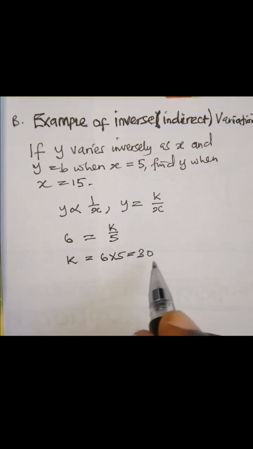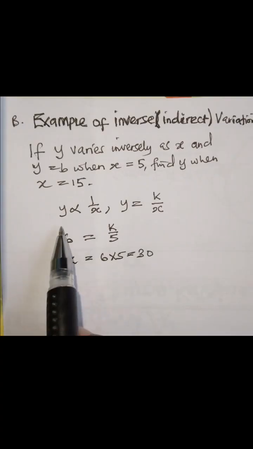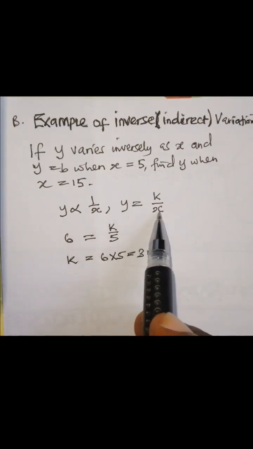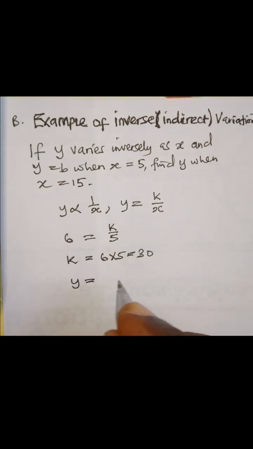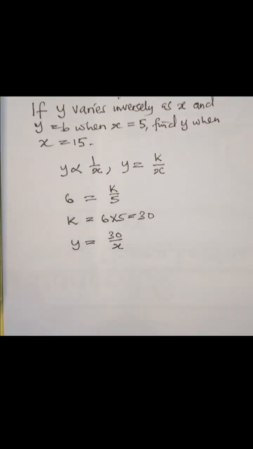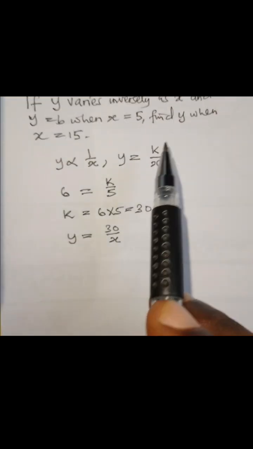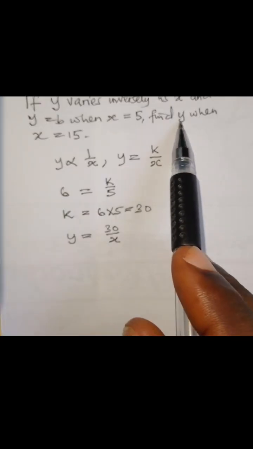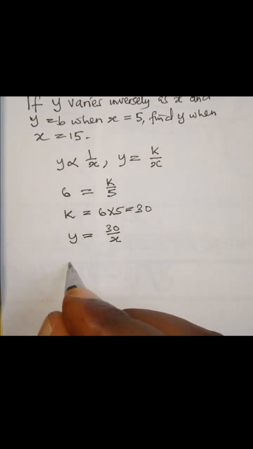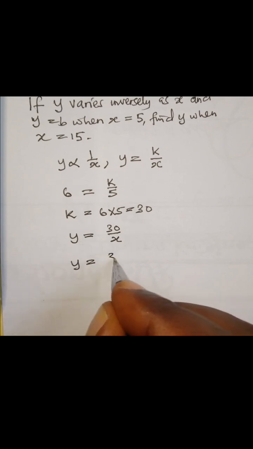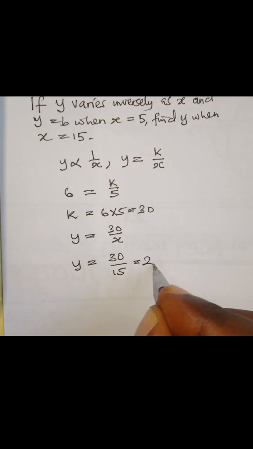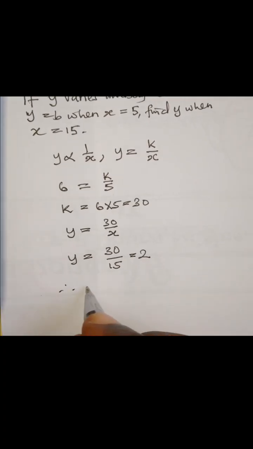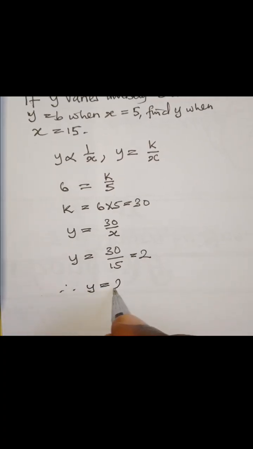Now we use this value of k to write the formula connecting y and x, y equals 30 all over x. Then we substitute the value of x to find y. y equals 2.